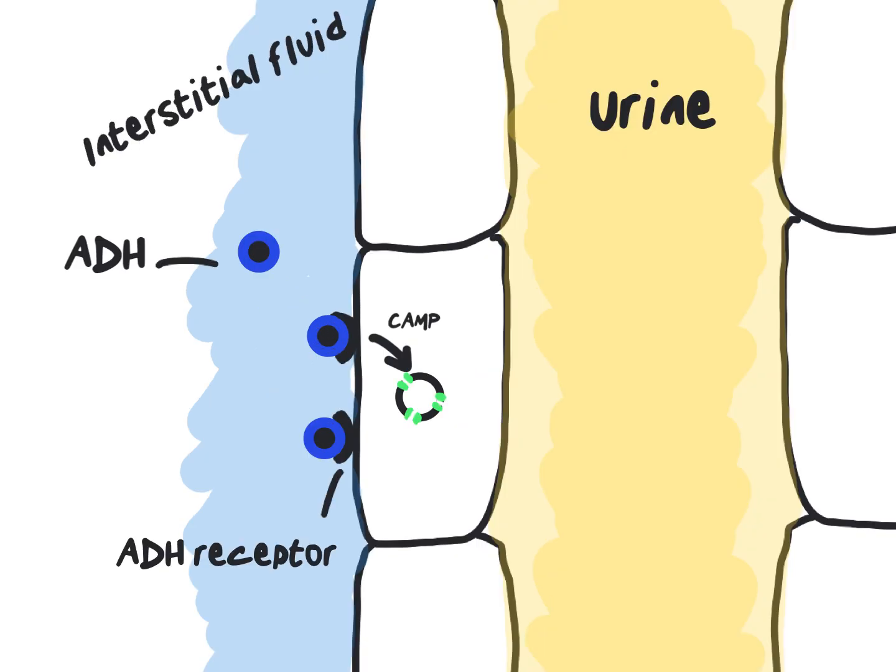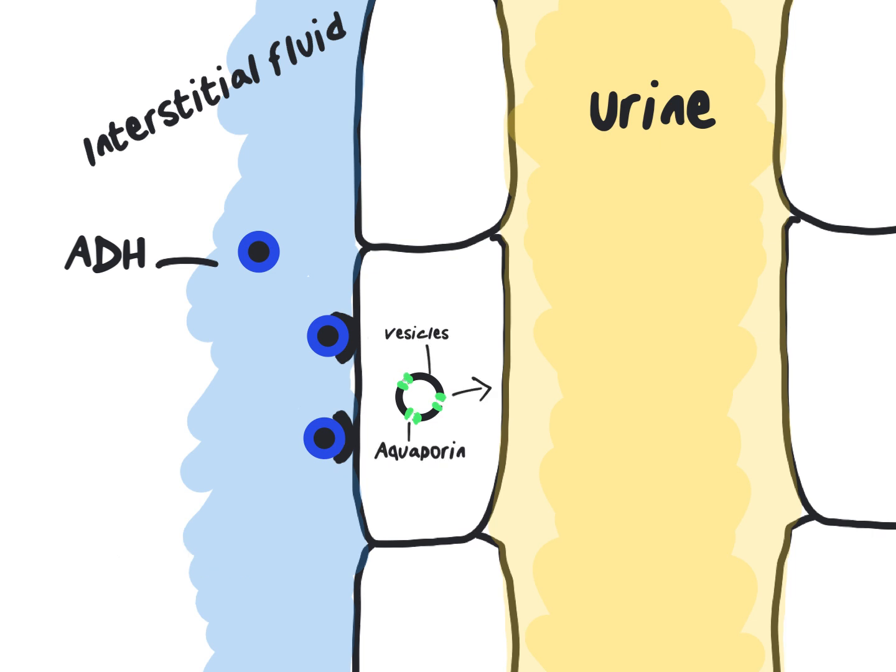Here we can see our favourite second messenger, cAMP, and we've got ADH having bound, and we've got the release of cAMP, which will cause a cascade of events inside the cell. And I think these are pretty cool. So we've got a vesicle here. This is a vesicle, and the cAMP causes the cytoskeleton to move the vesicle to the plasma membrane.